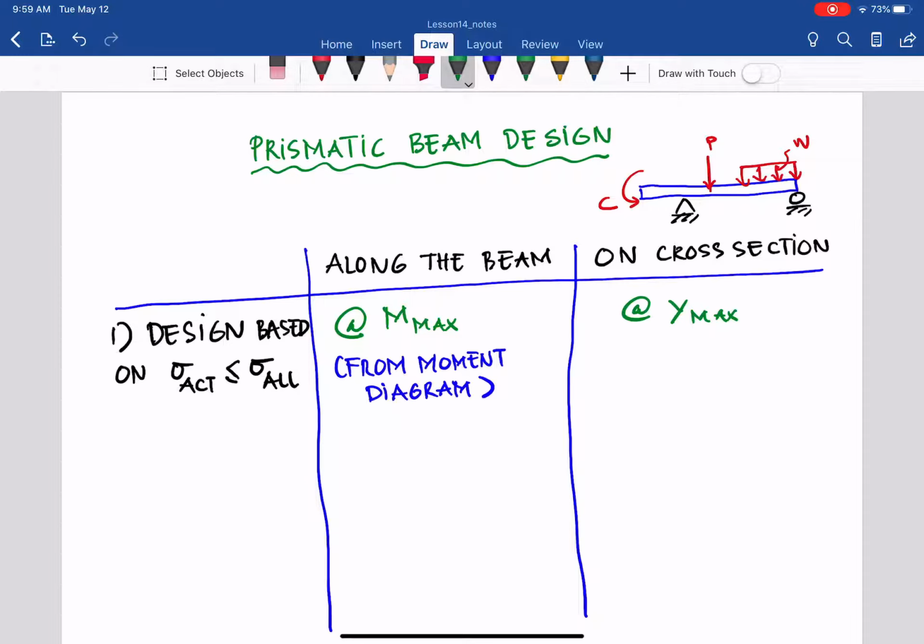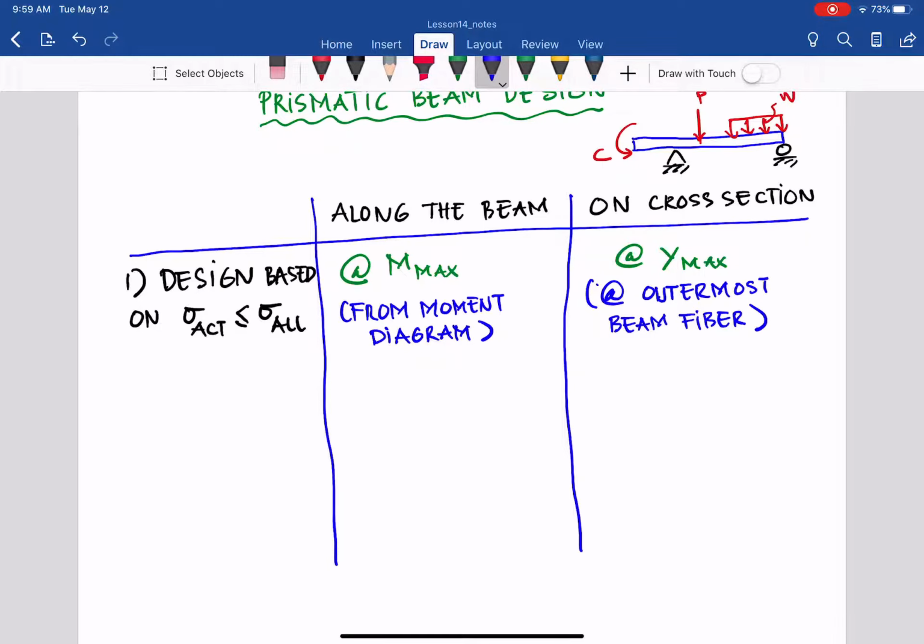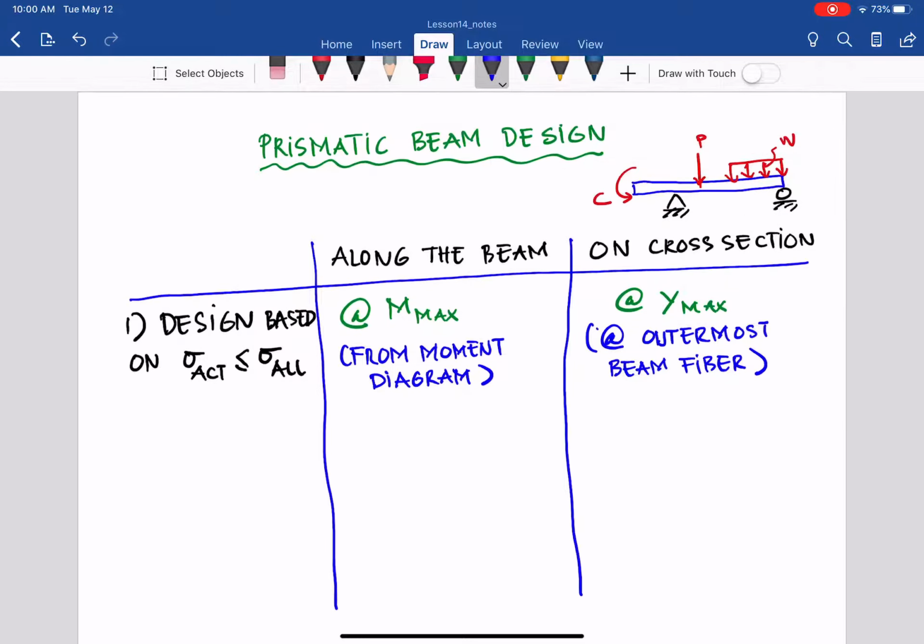It means at the outermost fiber of the beam, so basically c. And after you choose the size of the beam, whether it's a standard shape, then go to Appendix C, or a rectangle, find the b and h, the width and the height of the beam.